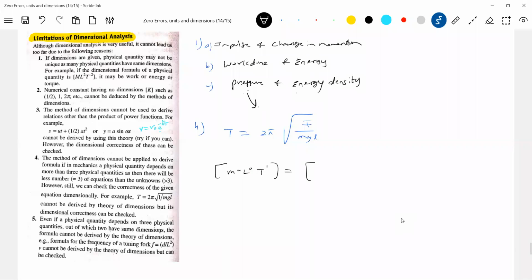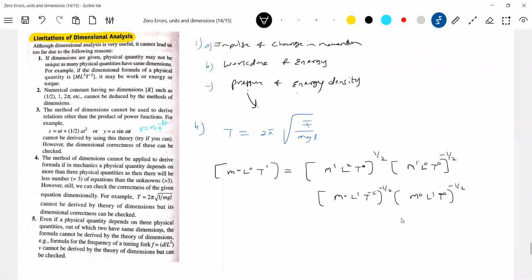Moment of inertia will be M1 L2 T0. It's dimensionally correct. That's what I'm trying to show here.